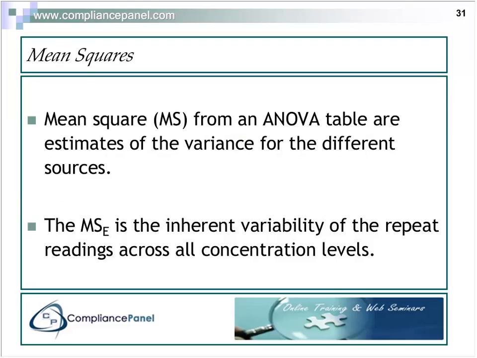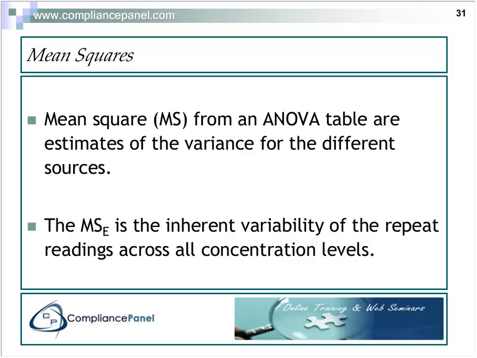It is what is considered to be the within-run variability. It is an important estimate because it gives me the average variability I would expect to see if I took the same run conditions and continually ran those runs. That's the variability I would expect to see amongst my responses. So the mean squared error is the inherent variability of the repeat readings across all concentration levels.